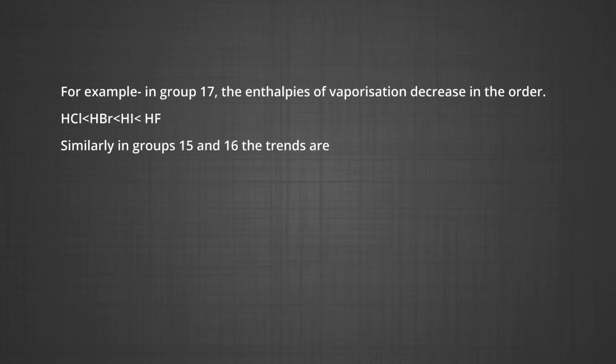Similarly, in group 16, the trend is H2S less than H2Se, less than H2Te, less than H2O, and in the 15th group, PH3 less than AsH3, which is less than SbH3 and which is further less than ammonia, that is NH3.